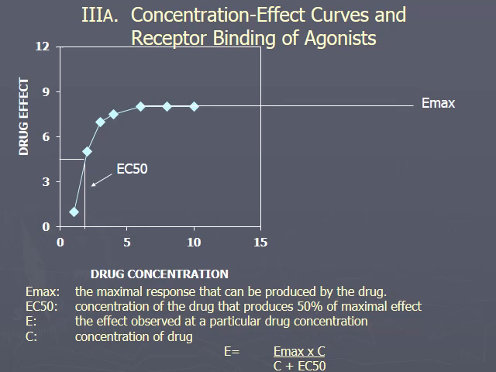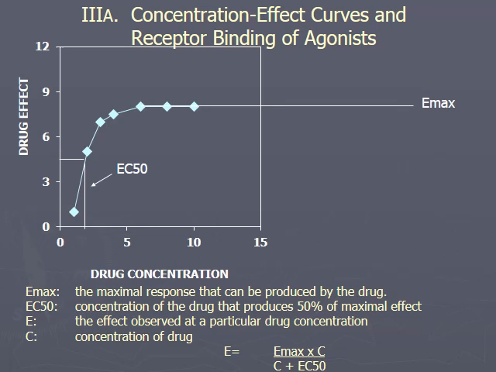And it's actually experimentally determined by looking at the graph. So if the maximum effect in this particular example is coming in around 7, then to actually get the EC50, you go down to the concentration that gives you half of that. So half of 7 is about 3.5.